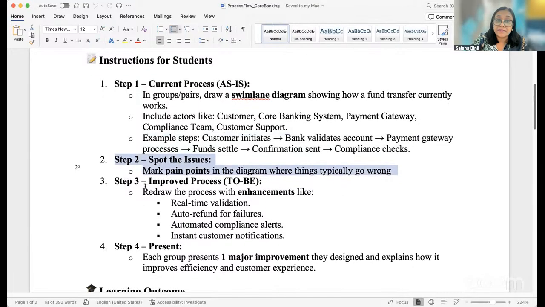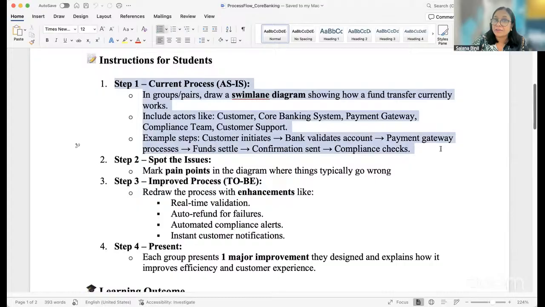And then we have to suggest an improved process. And the improved process will include some real-time validations, auto refund facilities, and all of that. We'll discuss that. But right now, our focus should be on step 1, where we are going to do a swim lane diagram. A swim lane diagram is also called the process model diagram or a cross-functional chart.